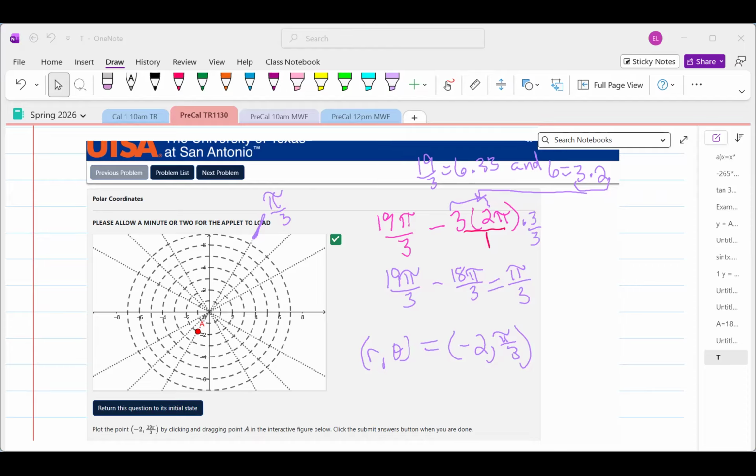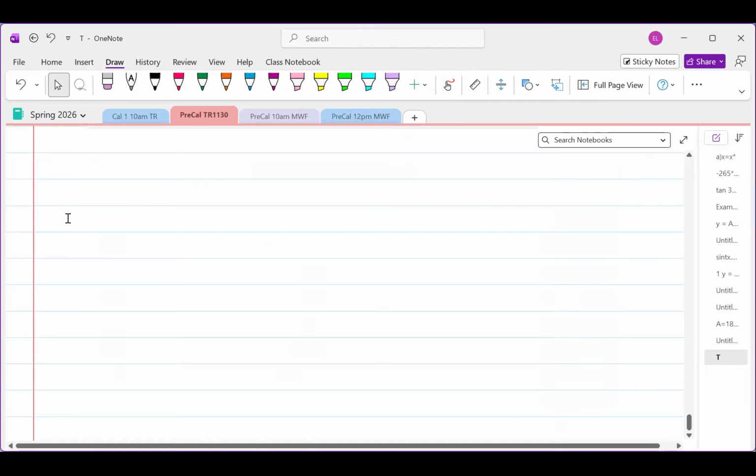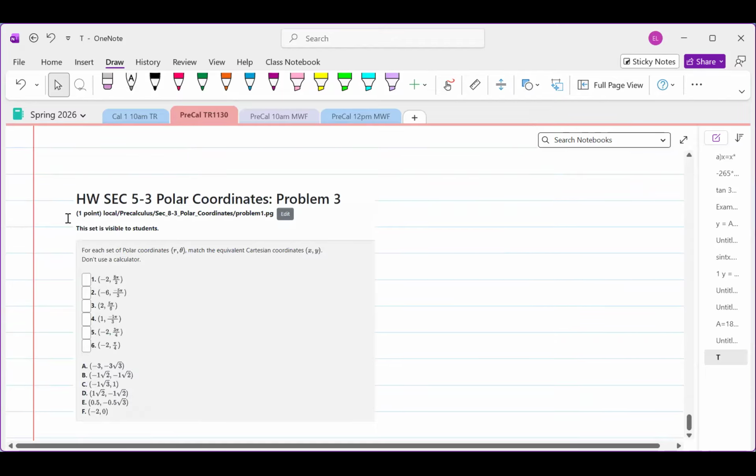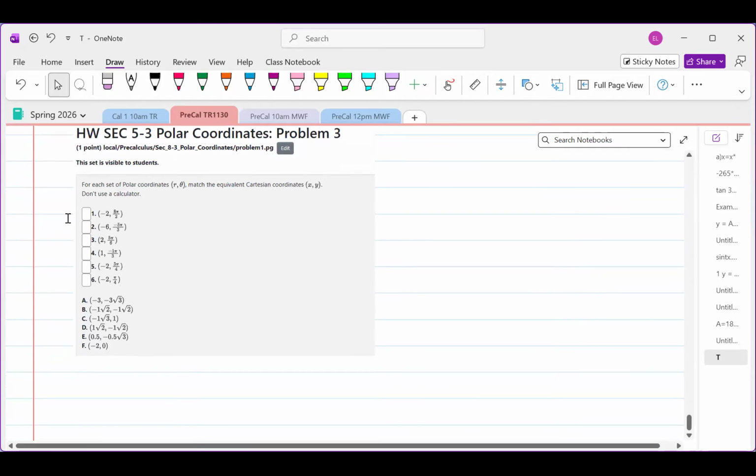Okay, let's see problem 3 here. Yeesh. And the reason I went yeesh on problem 3 is because it's really 6 problems at once.